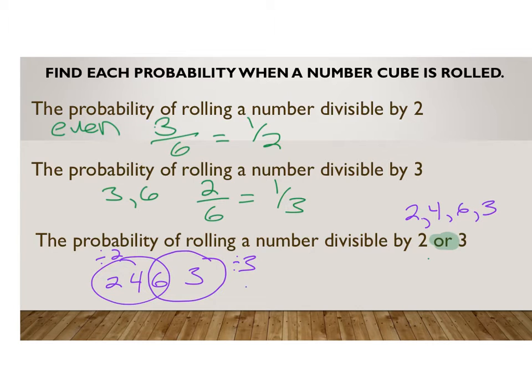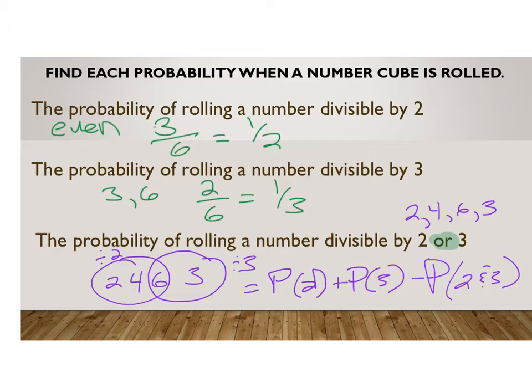So the equation for this is the probability of 2 plus the probability of 3 minus the probability of the overlap, which is 2 and 3.